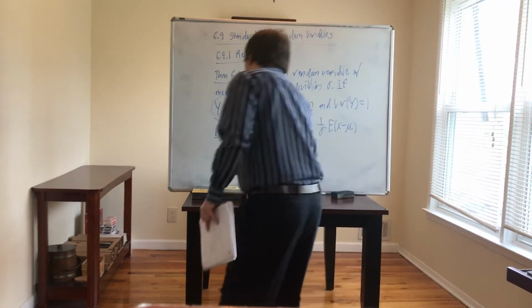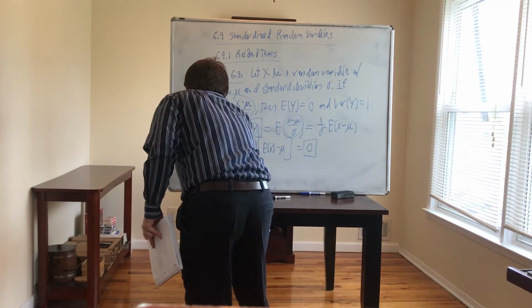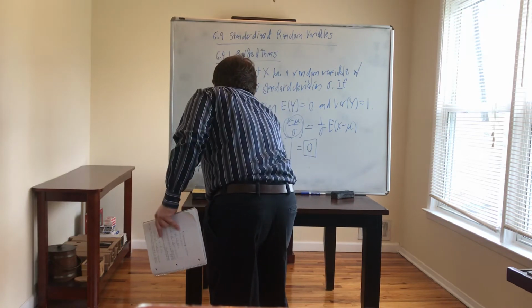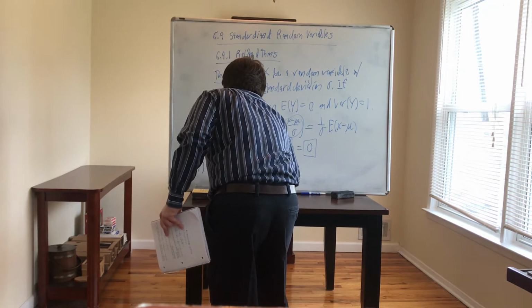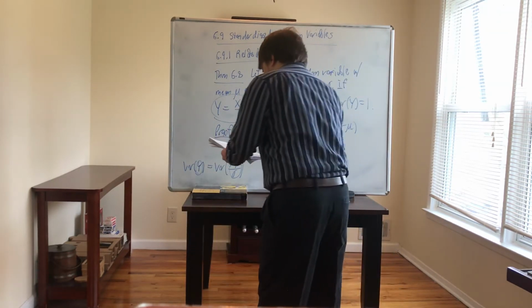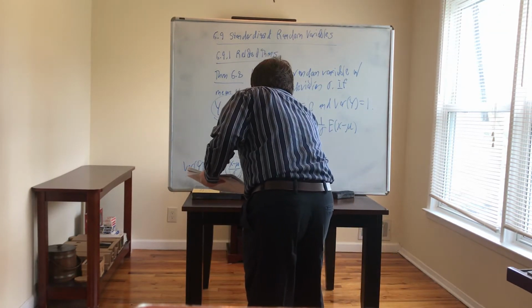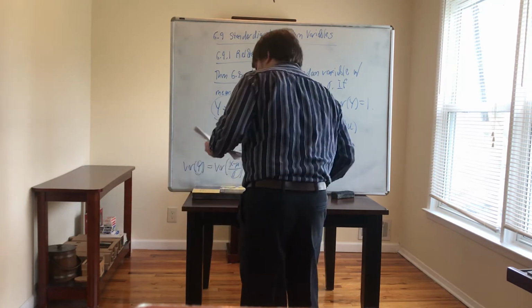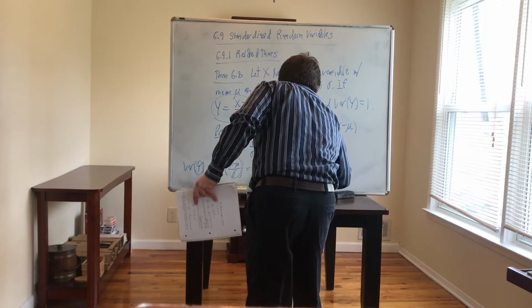And now the variance of Y. The variance of Y, again, is equal to the variance of X minus mu over sigma, because we defined Y as equal to X minus mu over sigma, so that's by substitution. This is 1 over sigma squared times the variance of X minus mu.